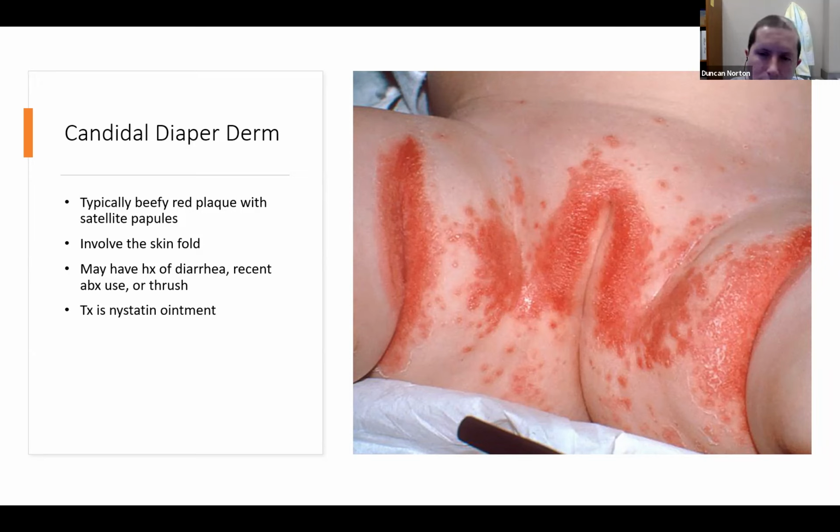If it's a complication of nystatin or they're having diarrhea, a lot of times you'll see us, especially in the hospital, prescribe something that's called triple paste. This is not the same over-the-counter triple paste, because there is a brand name that's called triple paste. There's a lot of different formulations.